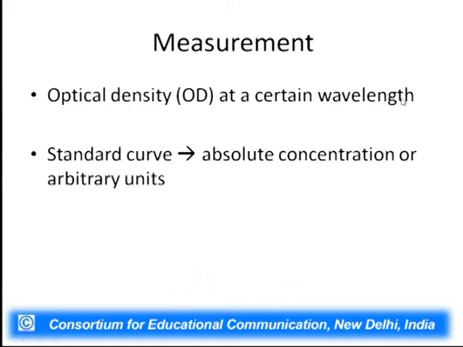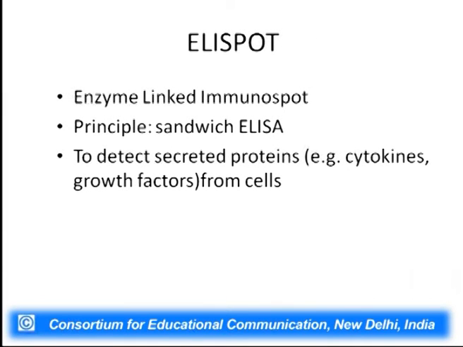This is the optical density which we read. We make a standard curve, and we can use the optical density or the OD which we read in arbitrary concentrations, or the units are arbitrary, and this gives us an idea of the quantification of the enzyme linked assays, which are very sensitive.